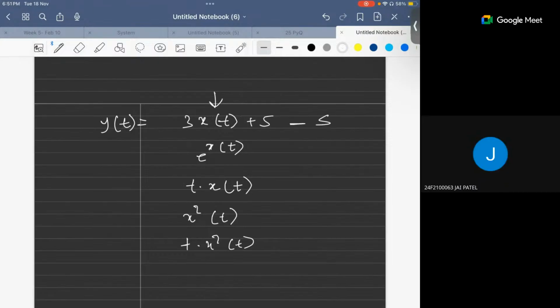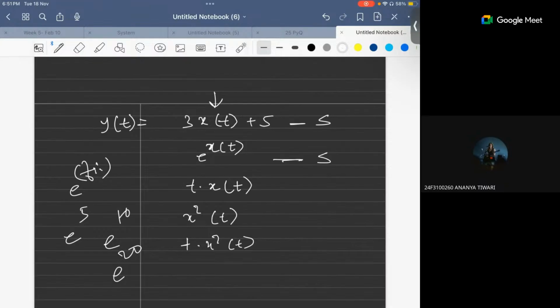Finite, stable. What if you are putting a finite value into the exponential? Will you be getting finite or infinite? You are putting e to the power 5, e to the power 10, e to the power 20. Some finite value you are getting, right? You're not getting infinite, so stable. Is it correct or not?